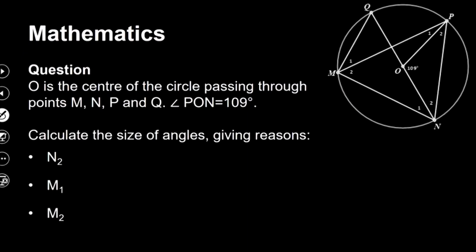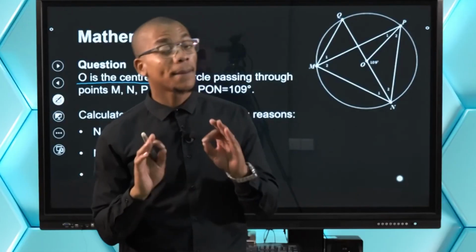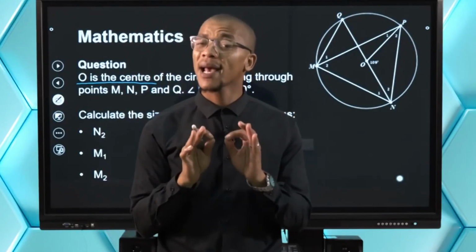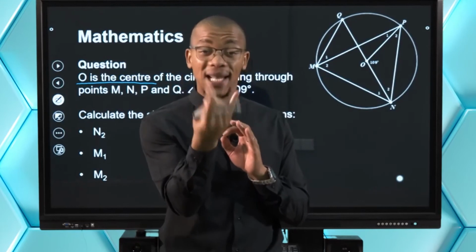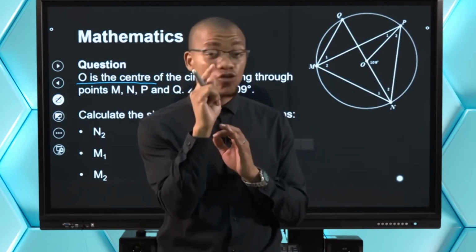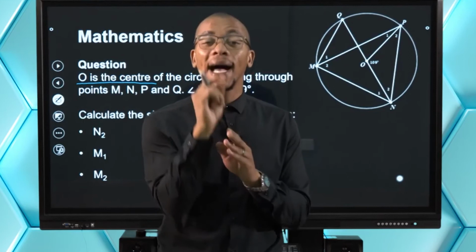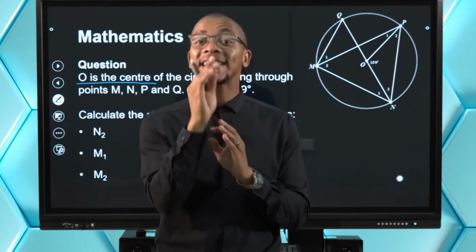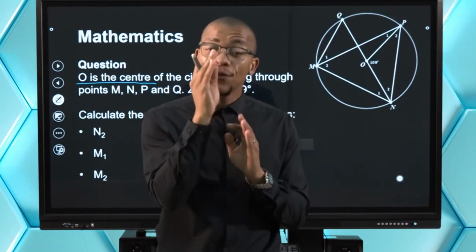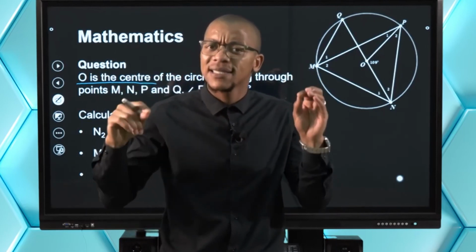And then let's look at maybe a question that has values now, where we need to find some values. O is the center of the circle. Remember, you don't assume. I need to tell you that it is the center. Because I said to you last time, monkey see, monkey do does not apply here. Because it looks like it is the center, it does not make it the center. I need to vividly and clearly state for you that O is the center.